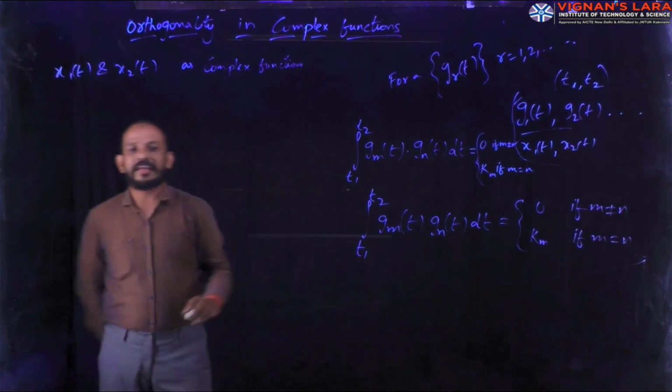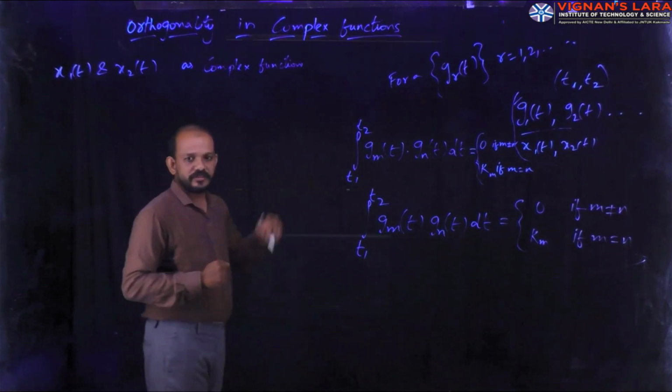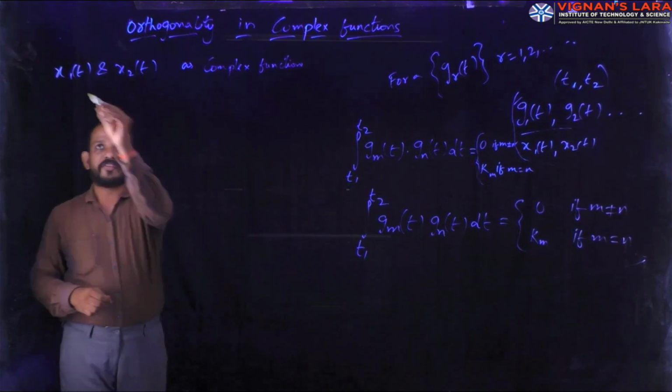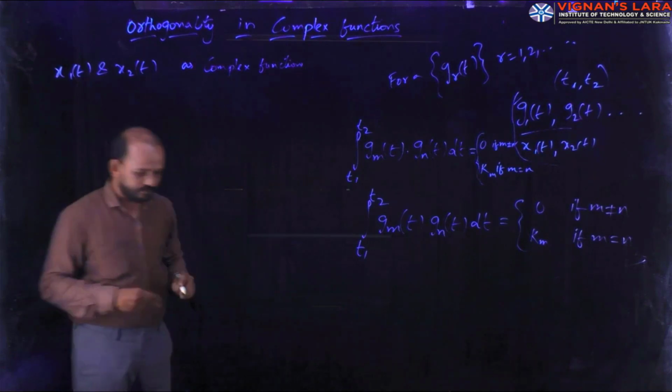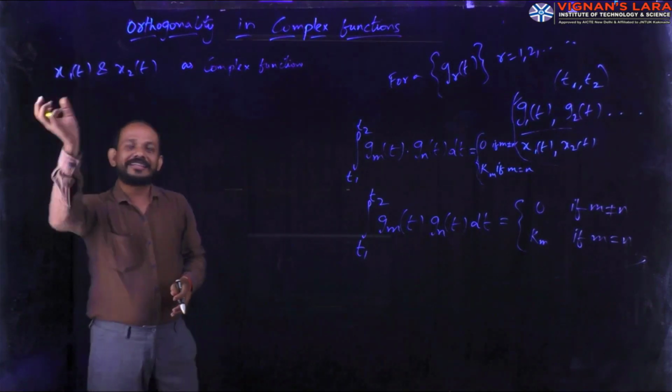This is the first case. Now, how can we represent x1 of t in terms of x2 of t?